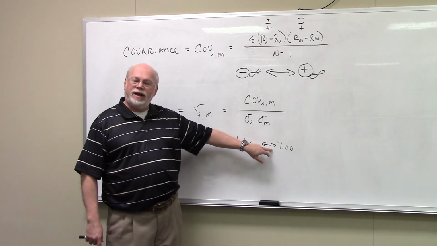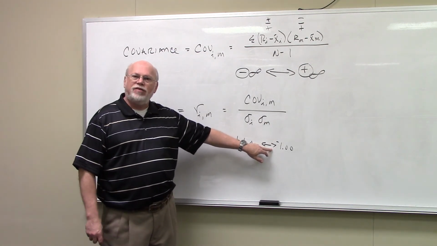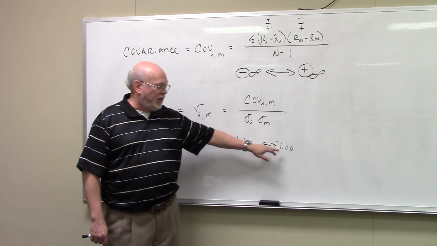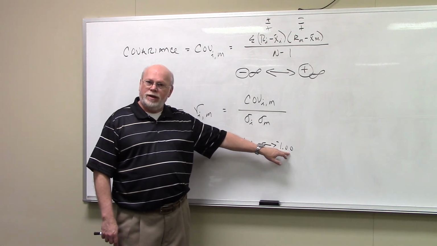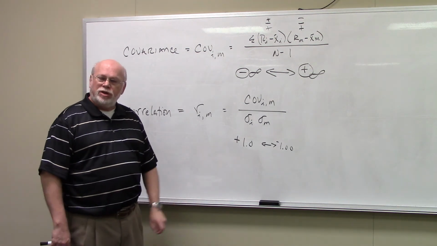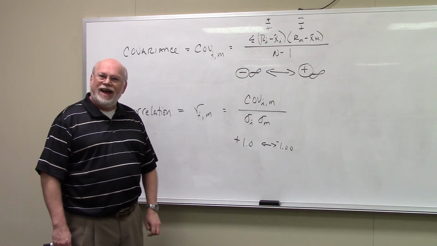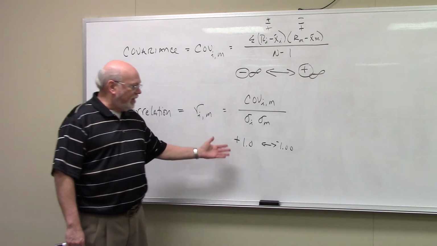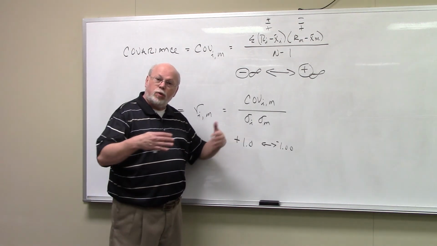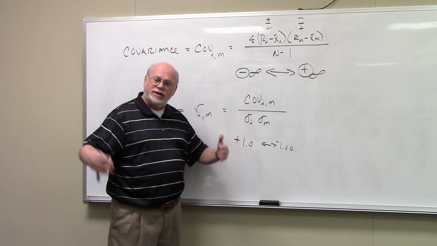And if you calculated a -0.15 correlation coefficient, that's a pretty low negative correlation. It's not near a -1. On the other hand, if you had a -0.92, that's a very high negative correlation. And again, that gives you an idea of how strong the interrelationship is between the two assets.